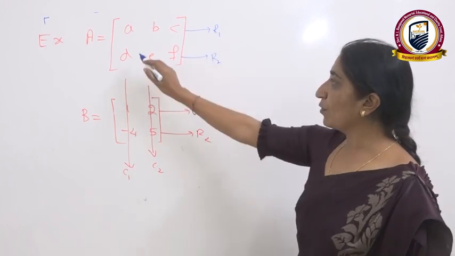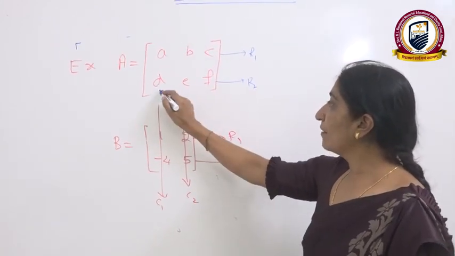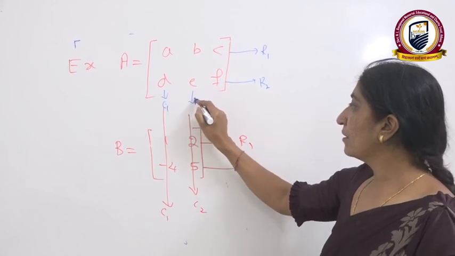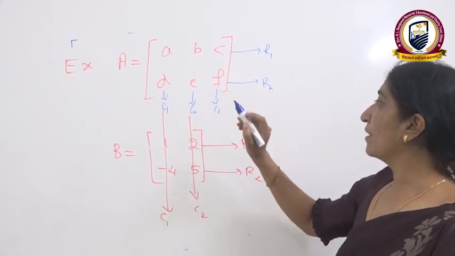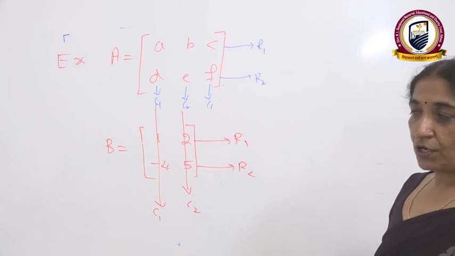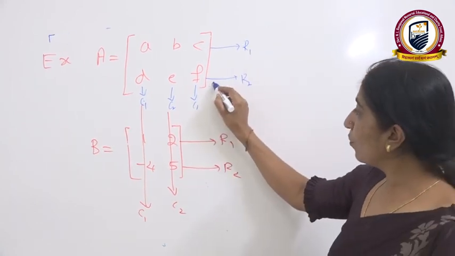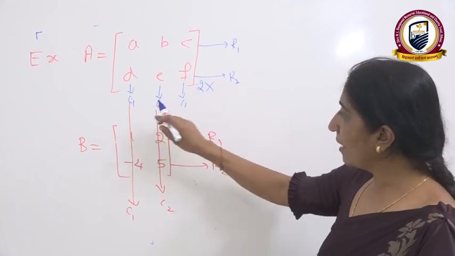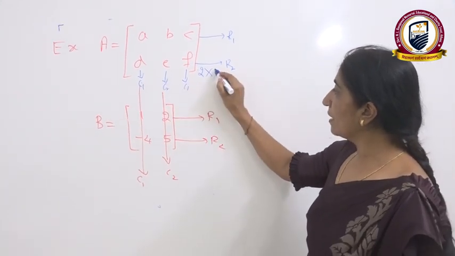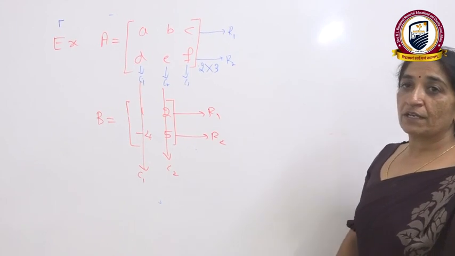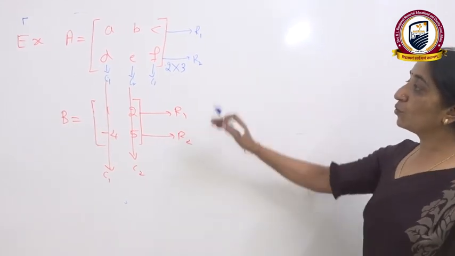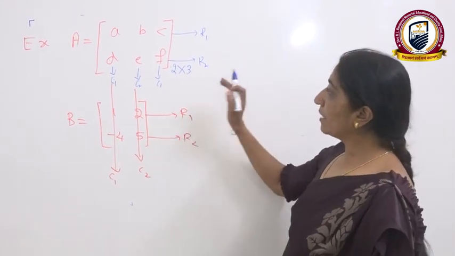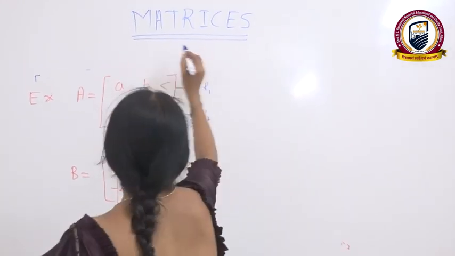How many columns? First, second, third. On the right bottom corner, first write the number of rows, that is 2. After that, write a multiplication sign and write the number of columns, that is 3. That means 2 rows and 3 columns. That is nothing but the order of the matrix.